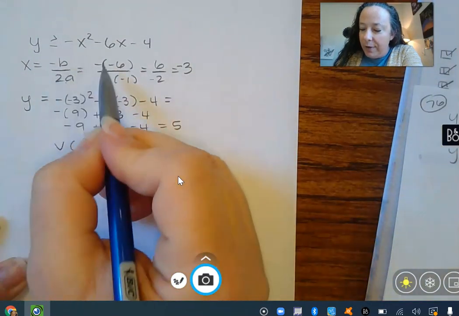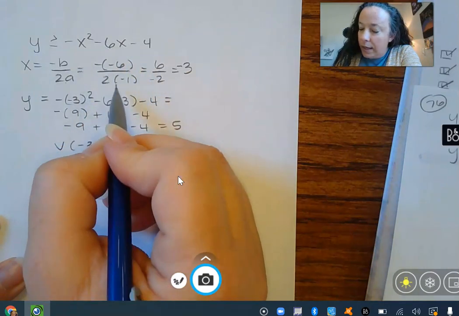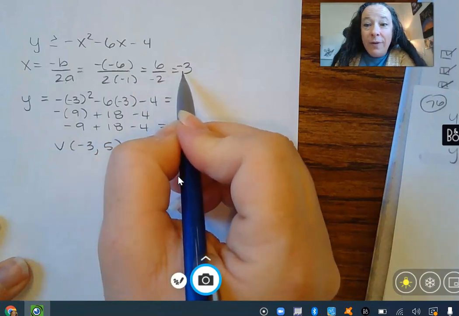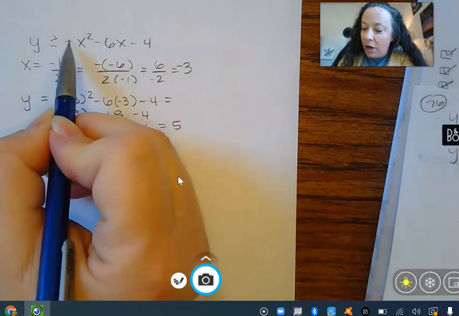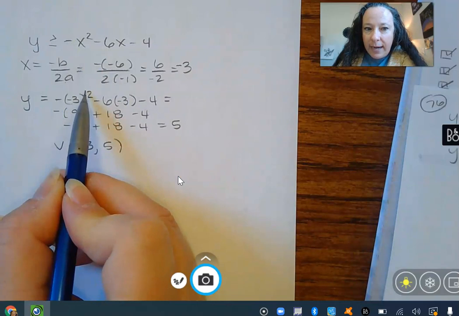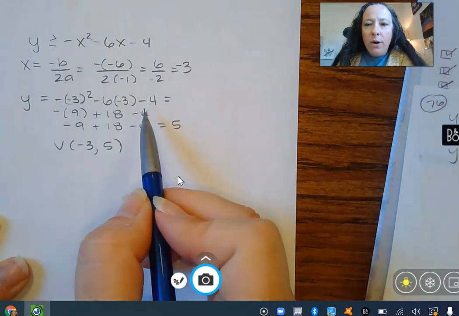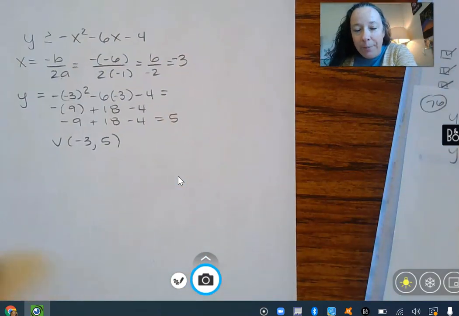So negative b over 2a, so -6 over 2 times -1, and that would be 6 over -2, which is -3. Then, when I go put the -3 back in, there's already a negative out front, so that sits there. And then I have -3 squared minus 6 times -3 minus 4. Here's where the order of operations that you learned a long, long time ago comes into play.